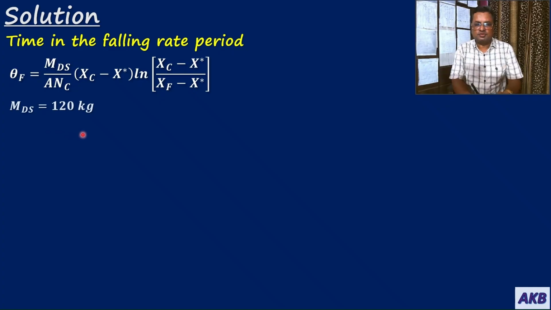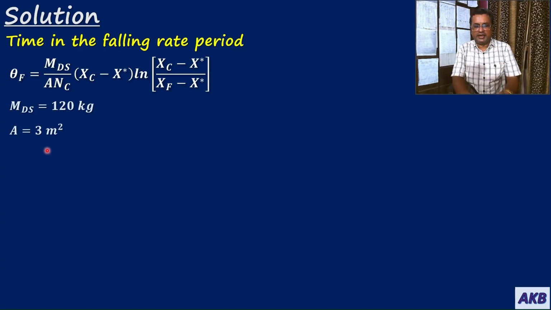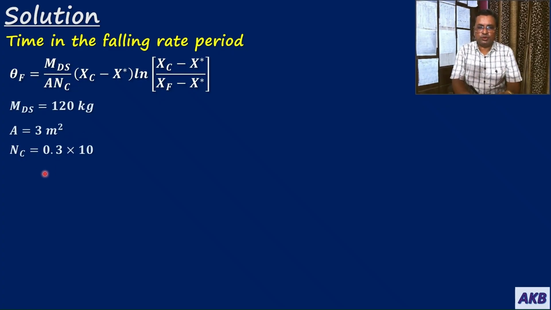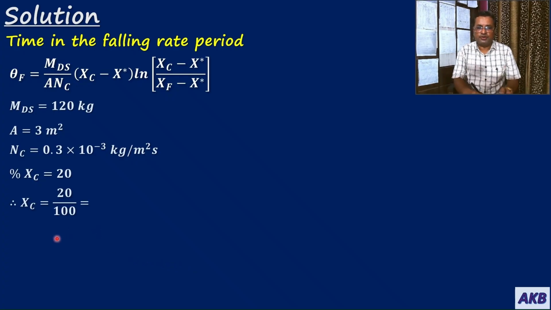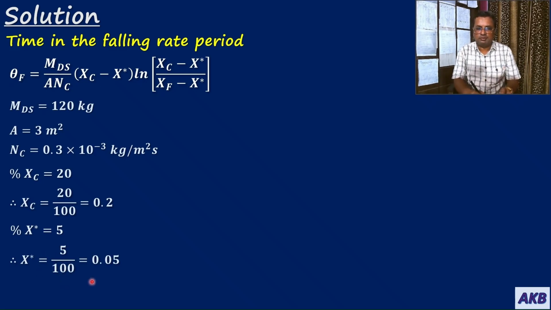So mds is 120 kg, we know that. A is 3 meters square, we know that. nc is 0.13 into 10 to the power minus 3 kg per meter square per second. Percentage xc is 20. Therefore, xc is 20 by 100, which is 0.2. Then percentage x star is 5. Therefore, x star is 5 divided by 100, which is 0.05.